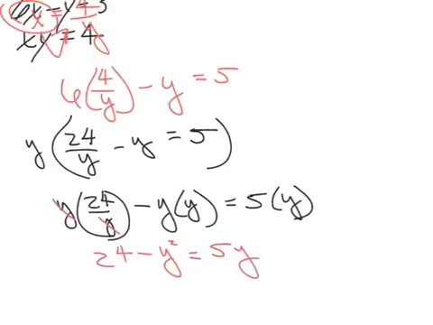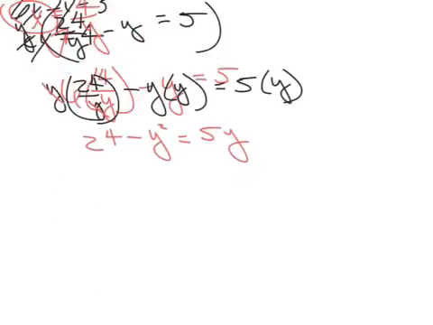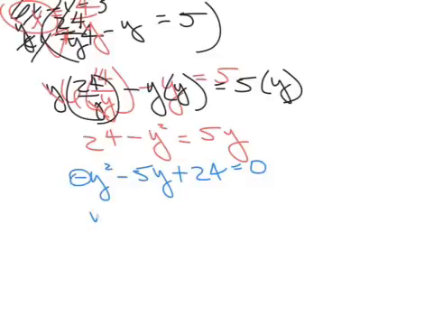Okay. Now once I've got to that place, I can rearrange my equation as negative y squared minus 5y plus 24 equals 0. And if I want to make this positive, I just make it positive, but I have to change the sign of everything else in order to do that.